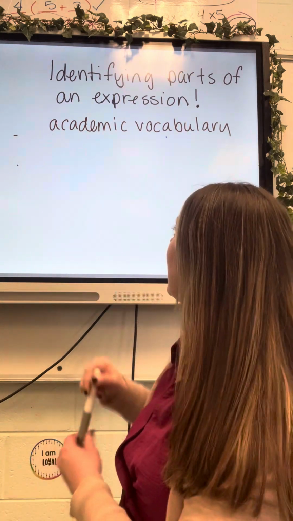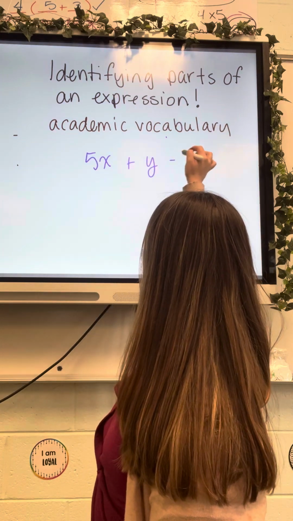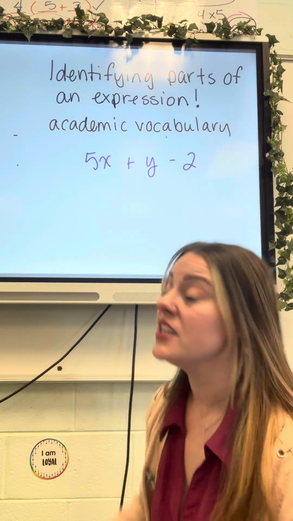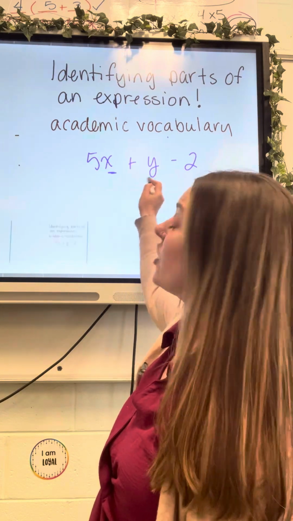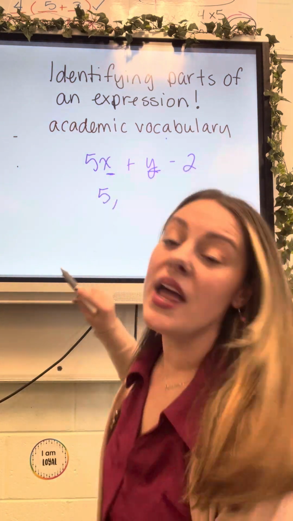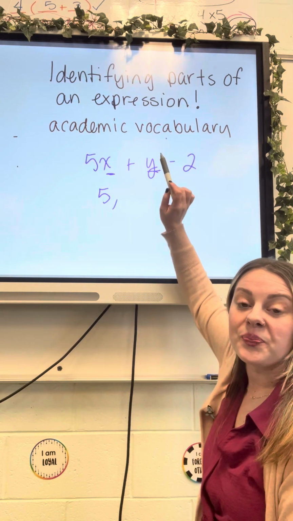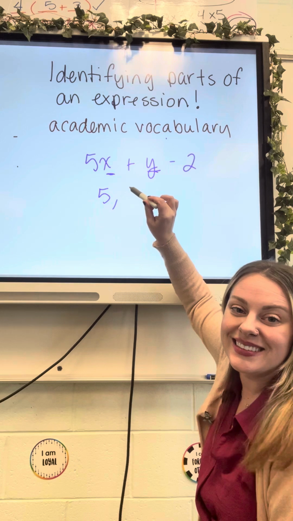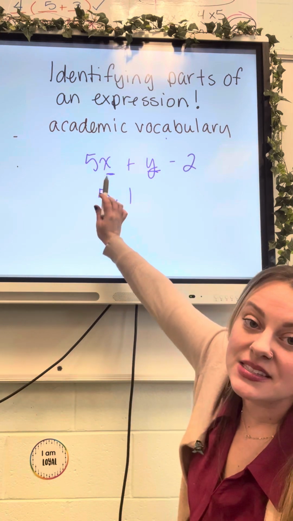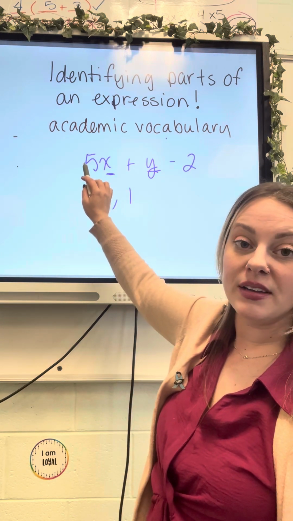So let's say I have 5x plus y minus 2, and they want to know what the coefficients are. Well, we look for our variables. The coefficients are the numbers in front of them. This would be a 5. What number is in front of y? There isn't one, but it's an invisible 1. Think about it: if I plug in 2 for x, I'm going to multiply that 2 by the number in front of it, the coefficient.